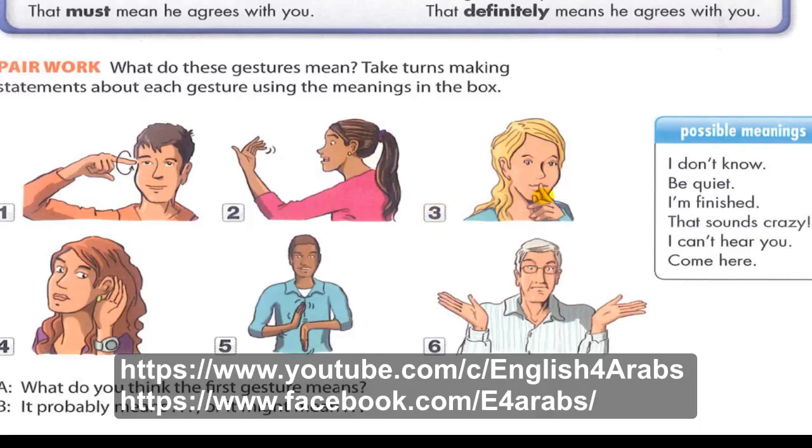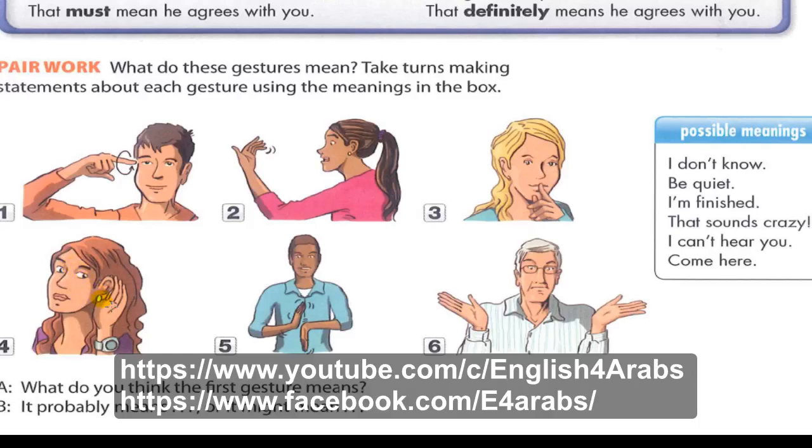Three. So this is what? It could mean be quiet. It possibly means be quiet. Four. Look at the picture.